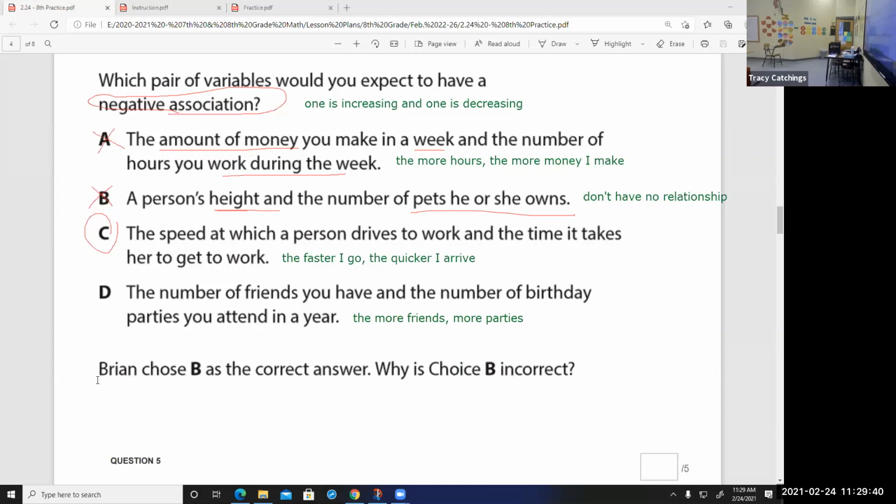So for my answer, I'm going to say the correct answer is C, because the faster I go, the quicker I arrive. And I would say Brian chose the wrong answer because that doesn't have a relationship.